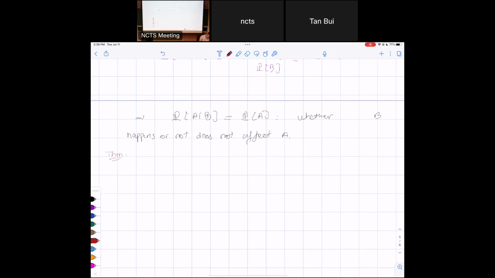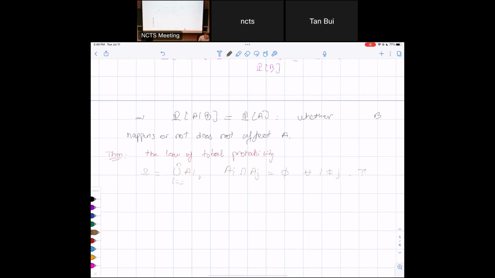Okay, so the next theorem is really important, and we use it a lot: the law of total probability. We let omega be equal to the union of A_i, i from 1 to n, and we also assume that A_i and A_j are mutually disjoint for all i not the same as j.